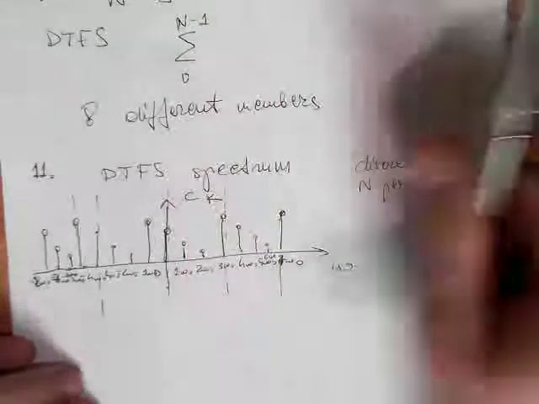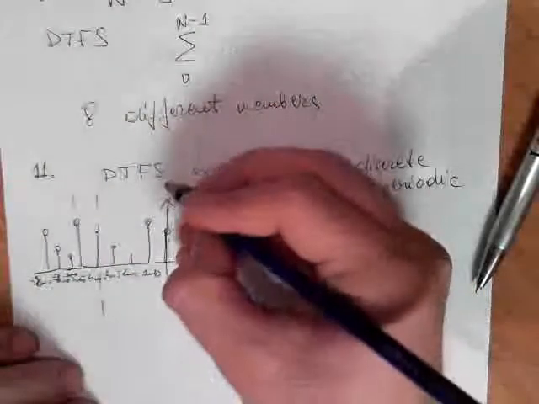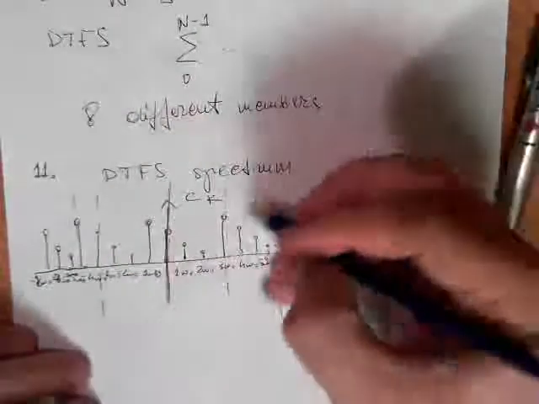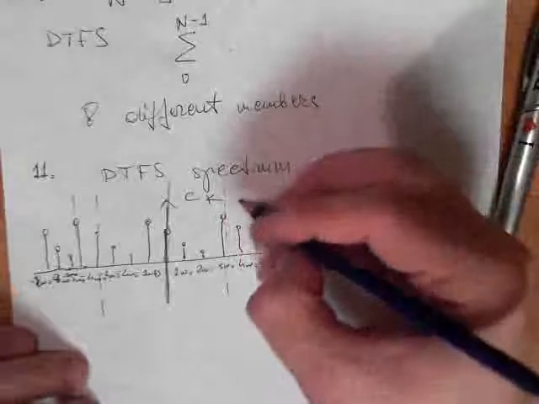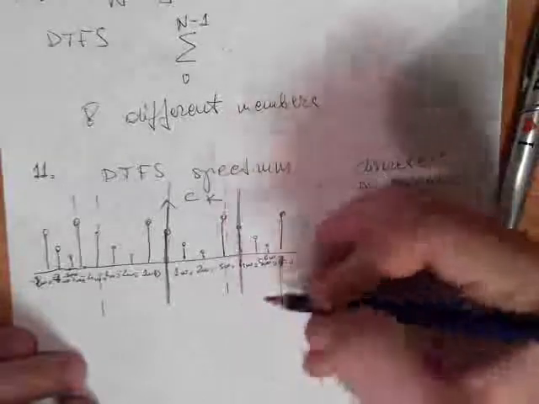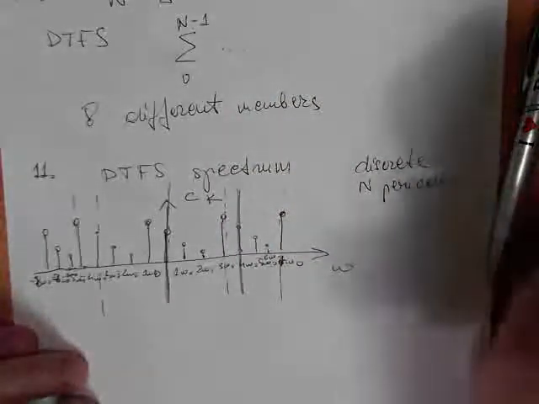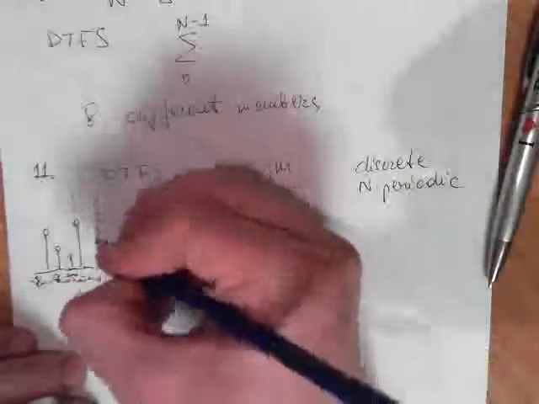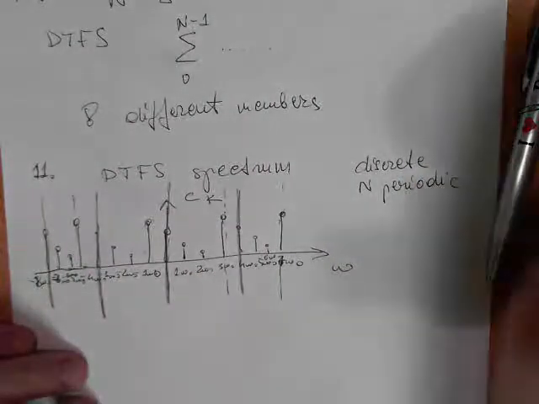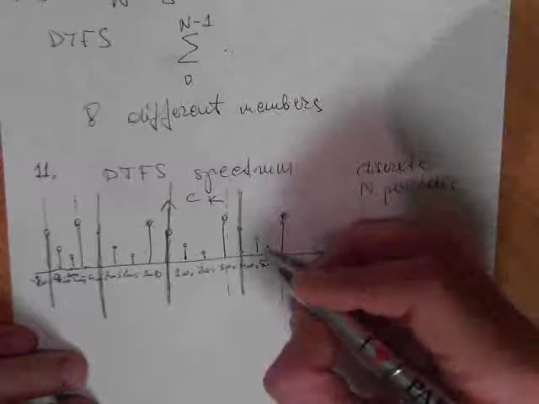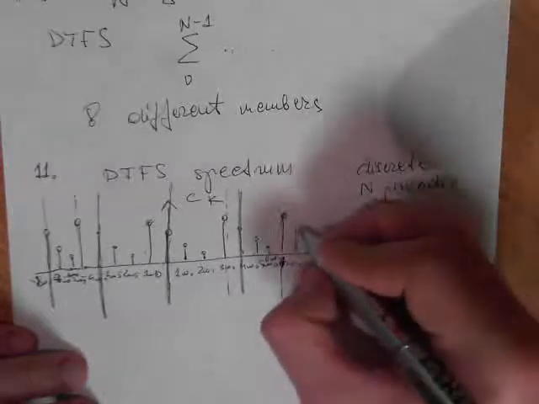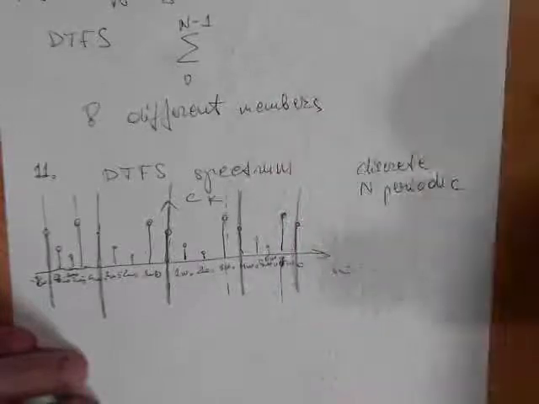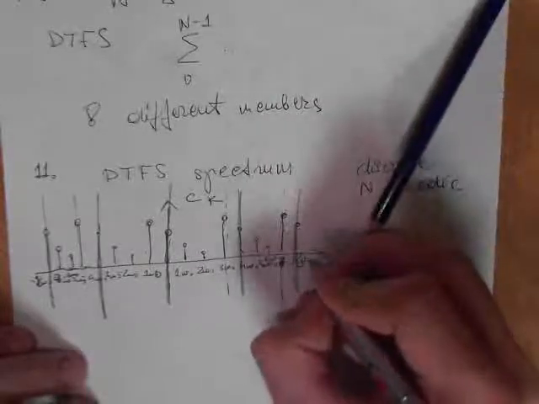As we begin from this, here I made a very complicated situation. From this we can go to this, so these values are repeating. So this is 8 omega 0.